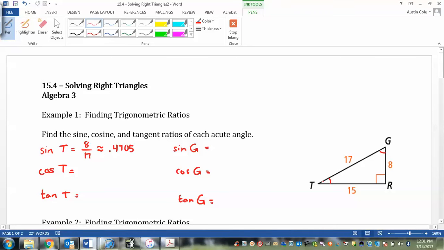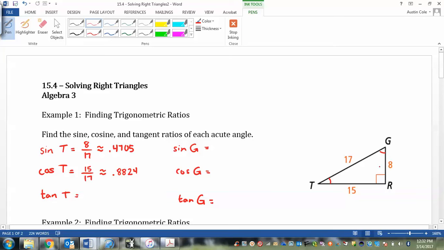So cosine of T. Cosine is going to be which two sides? Adjacent over hypotenuse. So I'm going to have 15 over 17. What is that as a decimal? 0.8824.